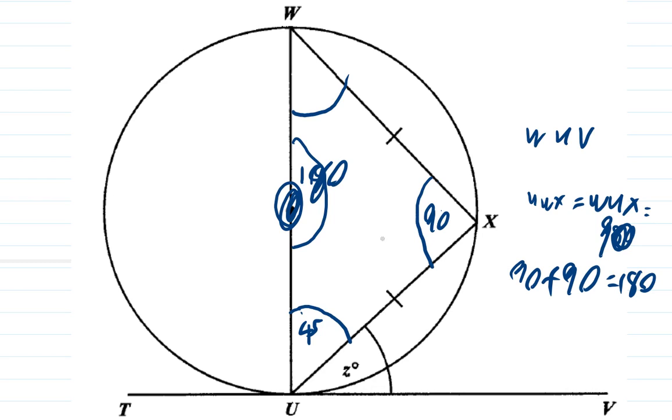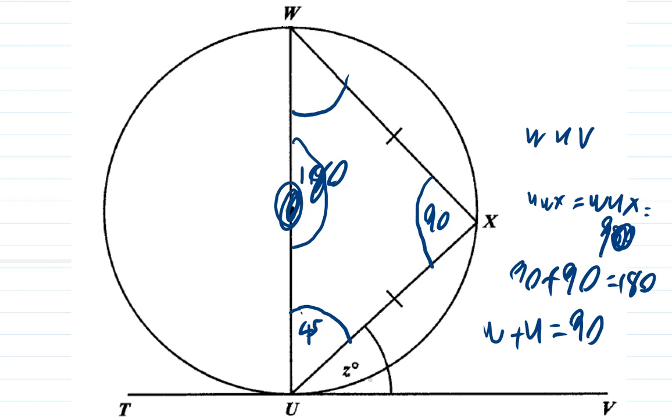So, therefore, this angle, this angle, this angle add to 180. Here, UWX plus WXU plus XUW equals 180. So this angle at W and the angle at U must be equal to 90, because if you drop this 90 from it, you have 90 left.